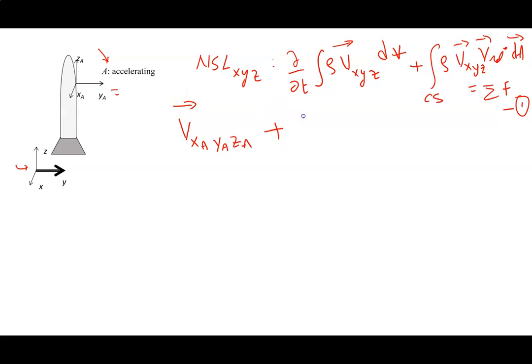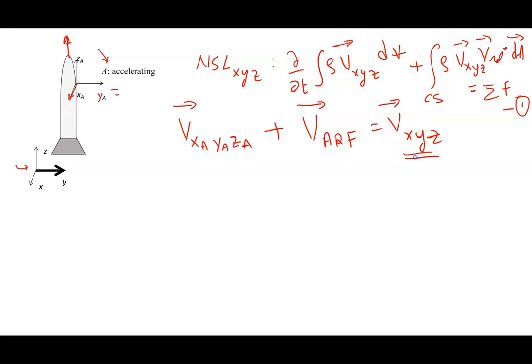If I add the velocity of the accelerating reference frame itself, in other words, the velocity at which this rocket is moving, to the velocity in the reference frame attached to the rocket, this is going to give me the velocity with respect to my inertial reference frame that is attached to the ground. This is simply the definition of relative velocity and absolute velocity.